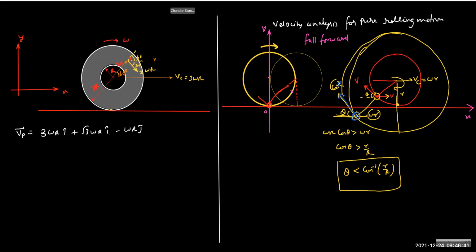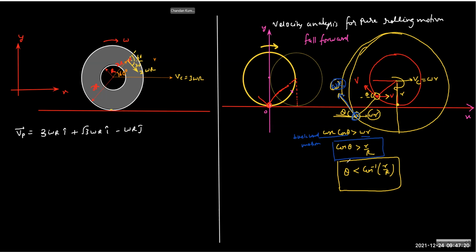So this is omega into capital R, correct? Yes. Now it is possible that this point will move backward when this component is bigger than this component, correct? So backward motion gives us the condition that cos theta is more than r by R. Now cos is a decreasing function, so when you take the inverse, the inequality will change.